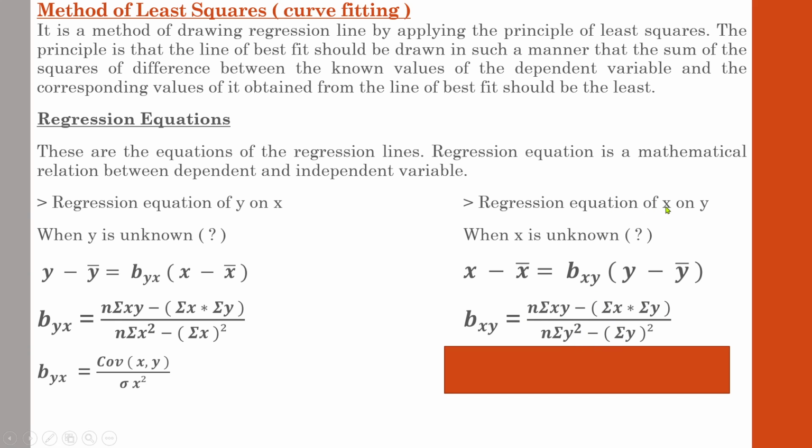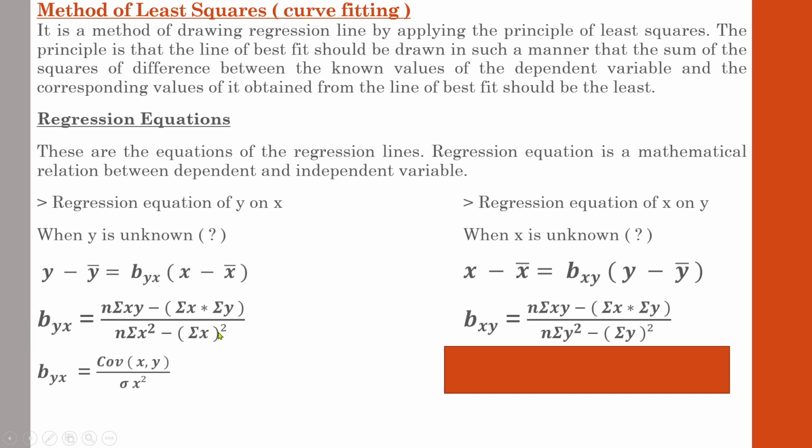Here x is the unknown and y is the known. Since y is known, we have the value of y, we can use the same in the equation: n sigma y square minus sigma y the whole square. In the earlier one, x is a known value, so we used the known value there: n sigma x square minus sigma x the whole square.